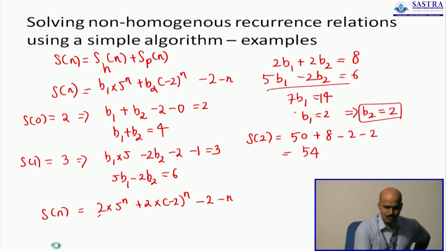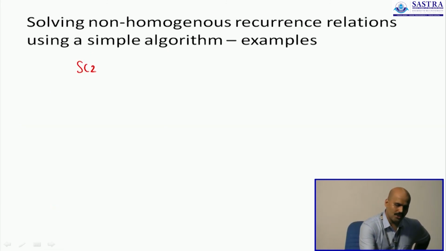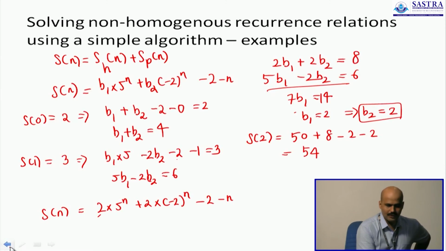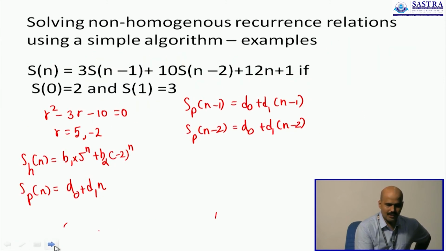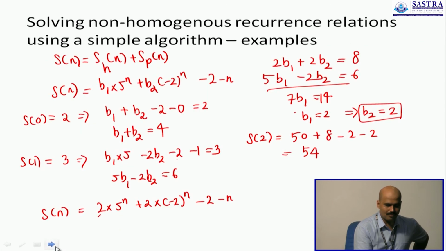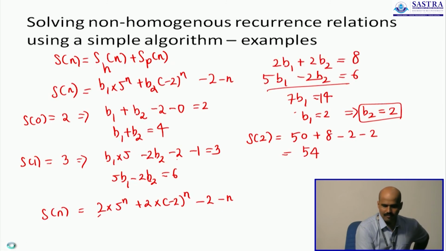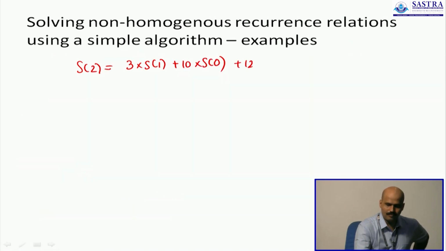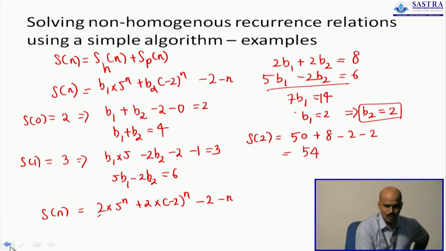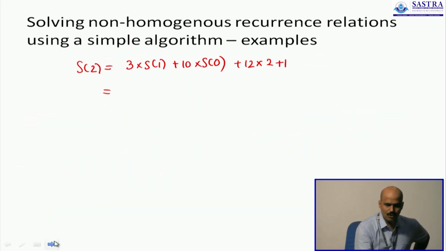Let's check what S of 2 from the question is. The question says S of 2 is easily obtained as 3 times S of 1 plus 10 times S of 0, and you also have the function on the right, which is 12n plus 1. 12 into 2 plus 1, and S of 1 we know to be 3 and S of 0 is 2.